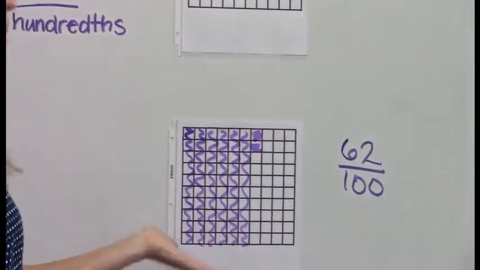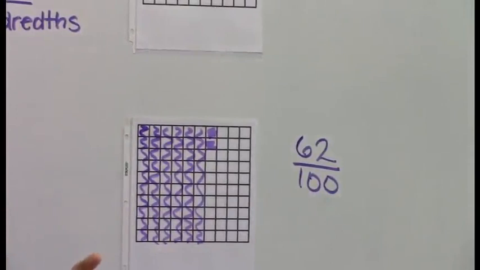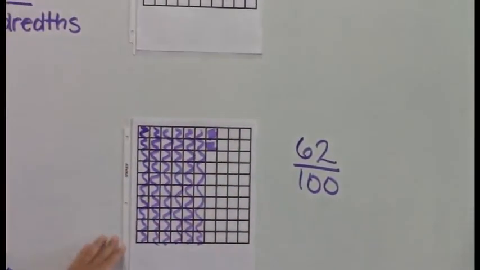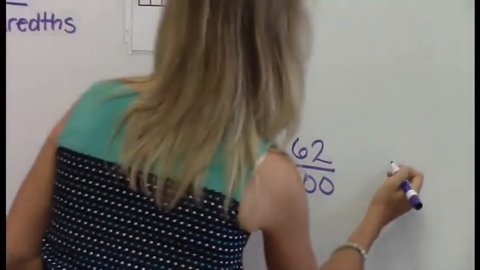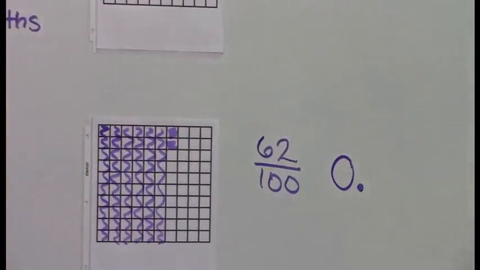Now that I've shaded in 62 100ths, it's time to represent this as a decimal. Again, we have 0 wholes reflected here. So we need a 0 in our ones place, followed by a decimal point. We can see that we actually have 1, 2, 3, 4, 5, 6 tenths that make up this number, 62 hundredths.